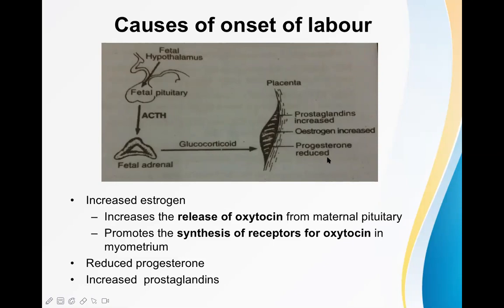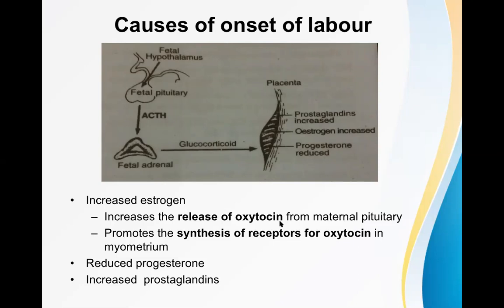Now, what is the combined effect of these three things? That's what you need to understand here. Because of increased estrogen, it will cause increased release of oxytocin from maternal pituitary nerve. And oxytocin is a very powerful hormone which causes contractility of the uterus.